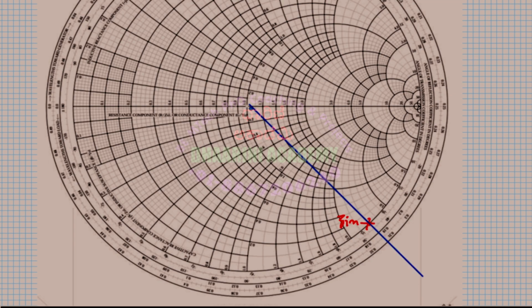Let me say this is the origin. Now from this, let's read the value also, so that when we zoom in, we'll be able to see that the value at Z in, I need to measure in terms of lambda.